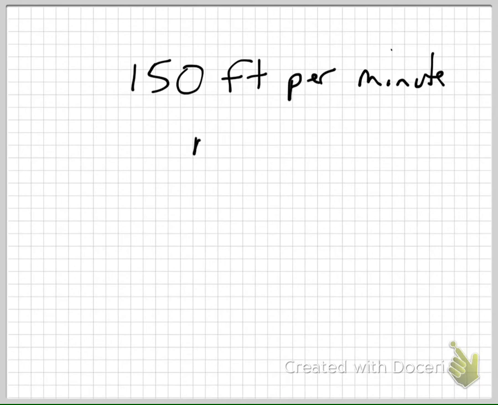How fast is that in miles per hour? Okay, that's what I want. You guys try that. Use dimensional analysis. 150 feet per minute. Oh, you need to write this stuff down. There's no way not to. And I want to know how fast that is in miles per hour.